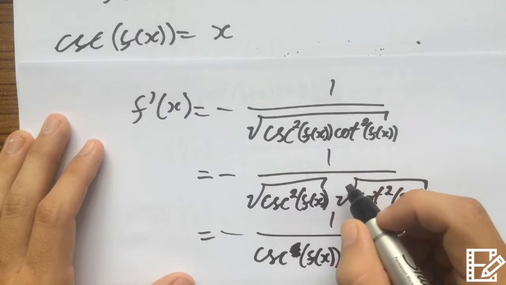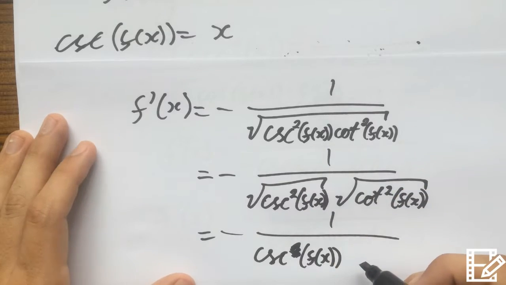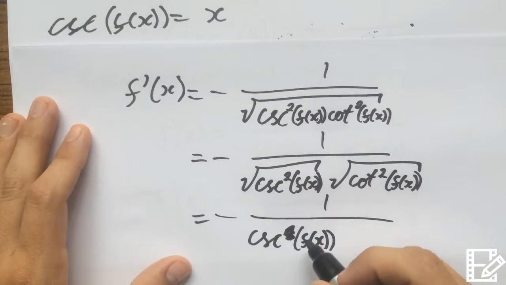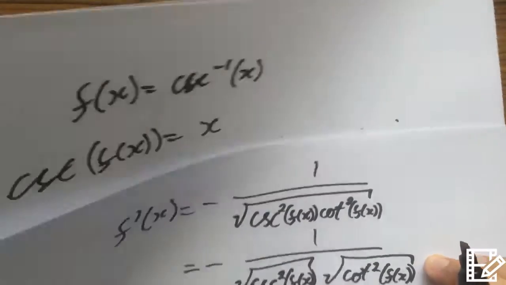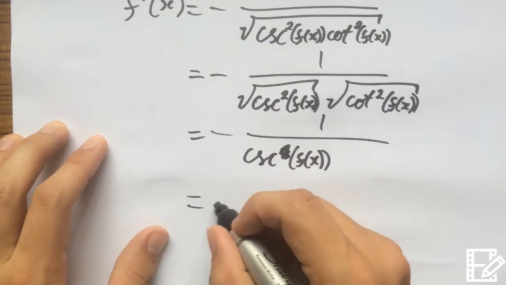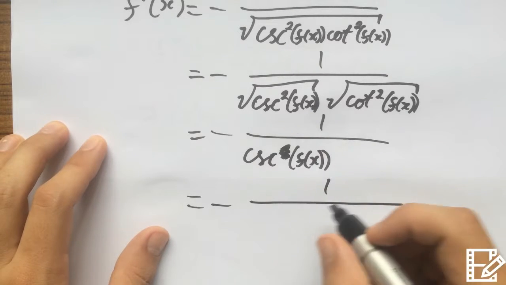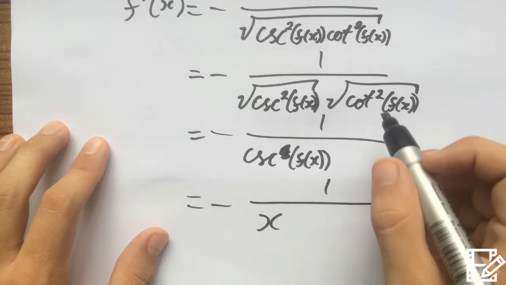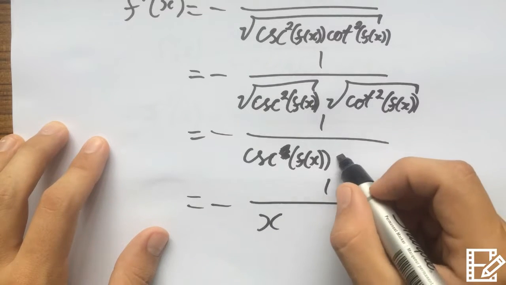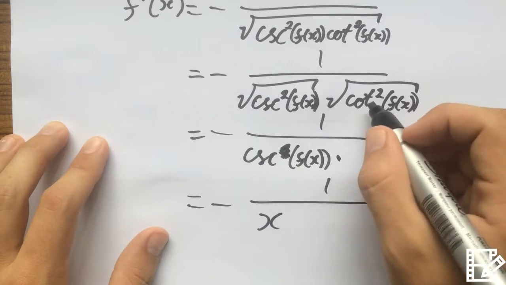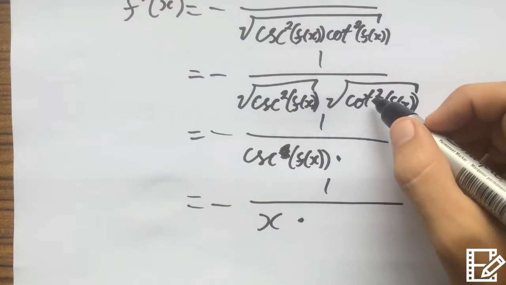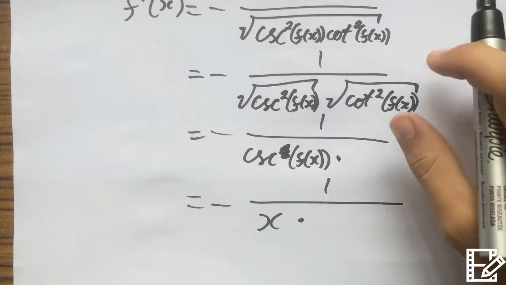The squared cancels out the square root, so it looks like that. Now that equals x. That means that I can replace this with x in the next line. I could have negative 1 over x instead of that. See? And what I'm going to try and do with this, when I multiply it onto whatever I have further on with this, is find a way that I can get cosec out of cot.